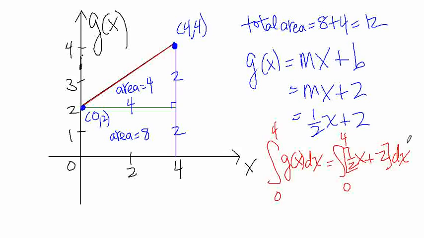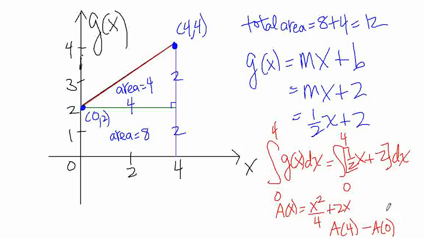So what is the antiderivative of 1/2 x plus 2? All right, I'll call it A of x again. So A of x, where A is the antiderivative, is x squared over 4 plus 2x. All right, and so we're going to calculate A evaluated at 4 minus A evaluated at 0.